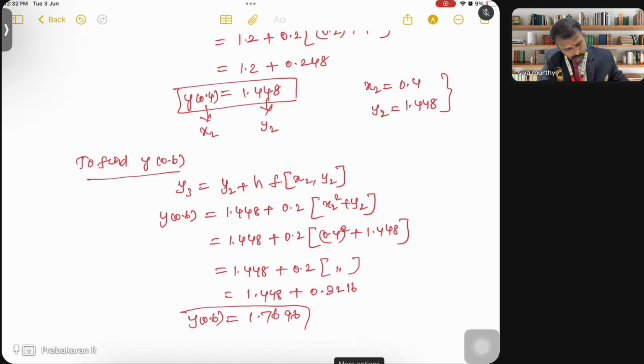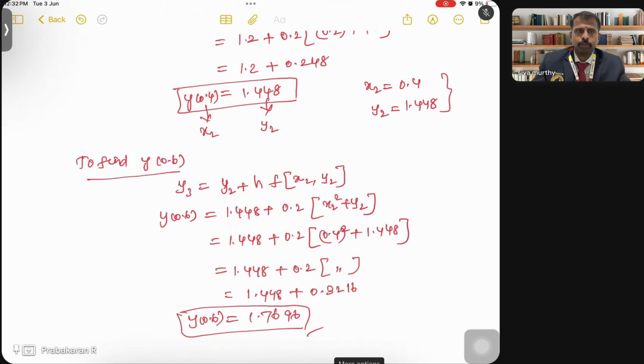That is the final answer of this problem, y of 0.6. This is Euler's method. See, finally in this method, in my conclusion, they are giving some differential equation with the initial condition, then they are asking some particular values: y of 0.2, y of 0.4 and y of 0.6. At that time we will use Euler's method. The formula is yn plus 1 equal to yn plus h f of xn comma yn.